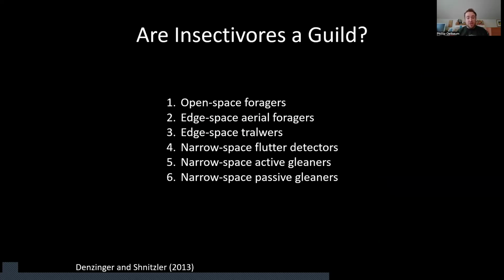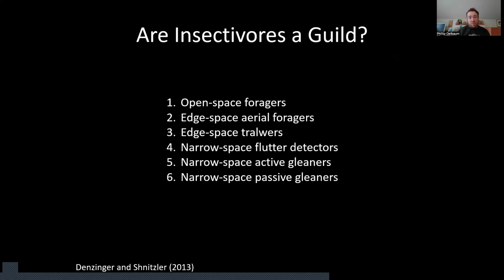So Denzinger and Schnitzler published these functional foraging groups, which is largely based on their ecology, sorry, their echolocation strategy, and suggested these six different categories that we can split up this sort of monolithic insectivores into.